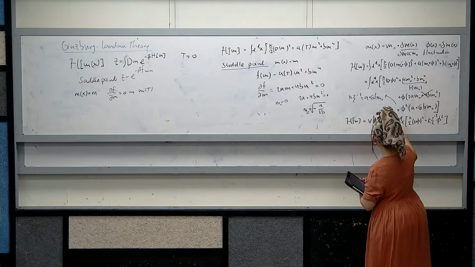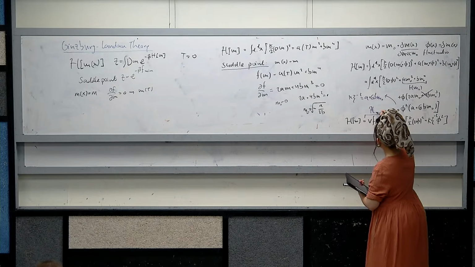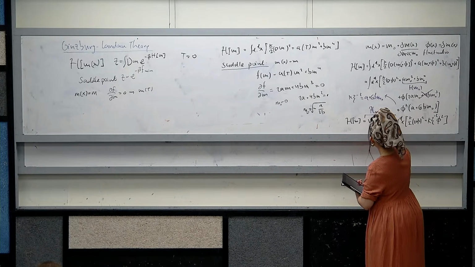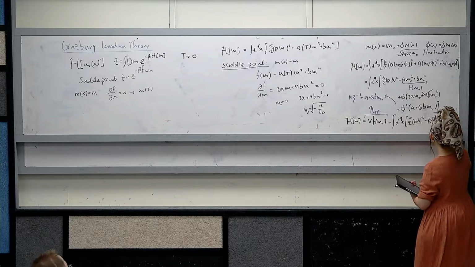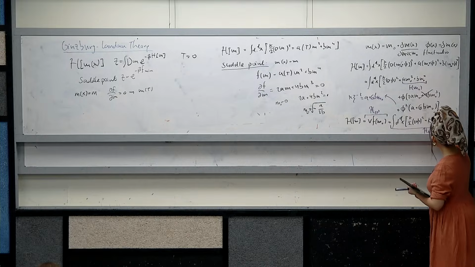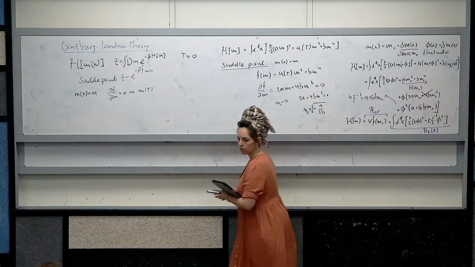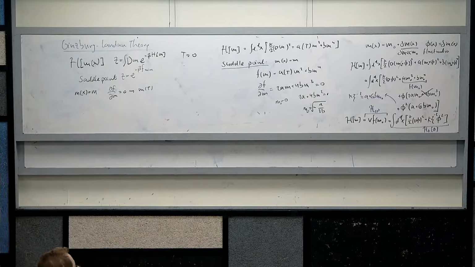This one is related to the saddle point, and it's constant. And this one, call it H_F, describes the fluctuations. Okay.